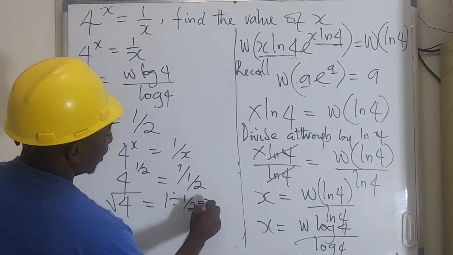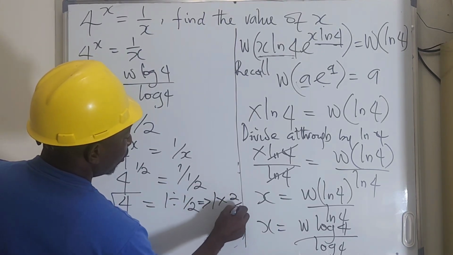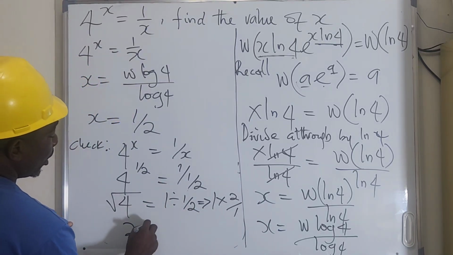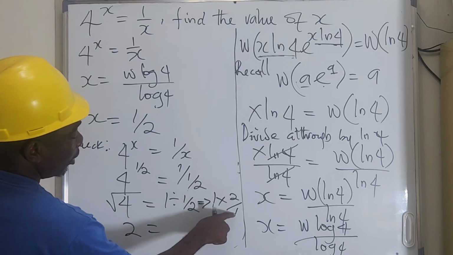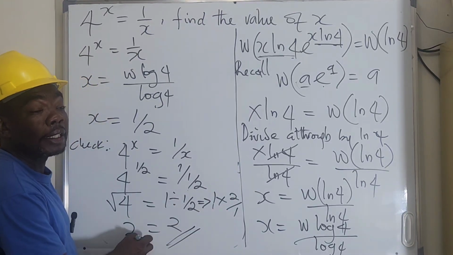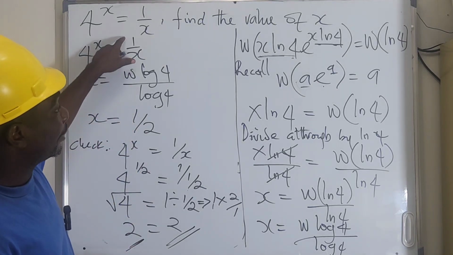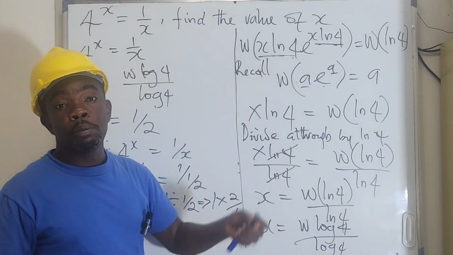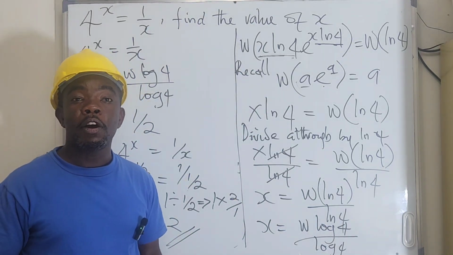This side gives you 1 times 2 over 1, because this one will go up and this one will come down. So here will be 2 and this side will be 1 times 2 over 1 equals 2. So the left hand side and the right hand side both equal 2, and it satisfies this equation by using a special function, the Lambert W function, to solve for x.